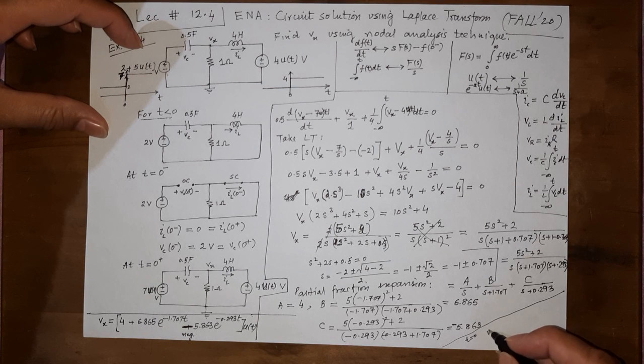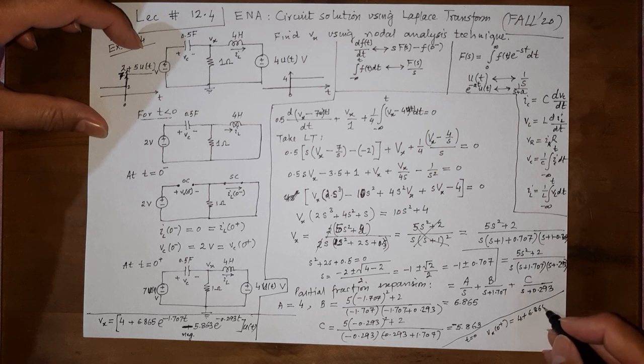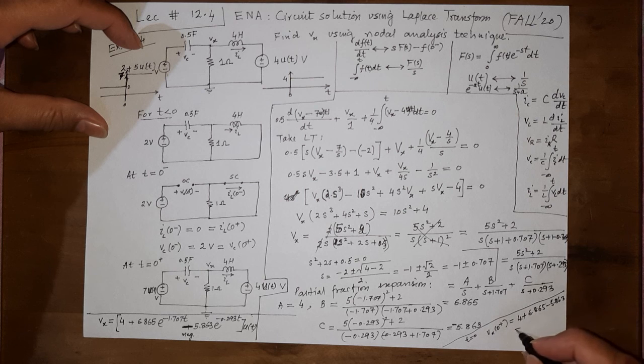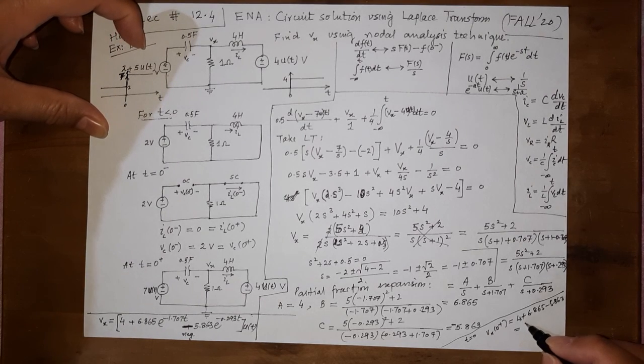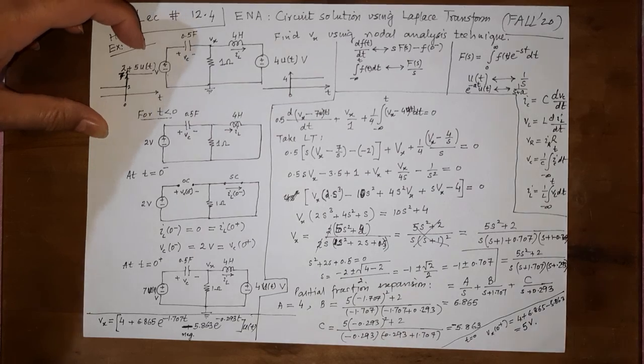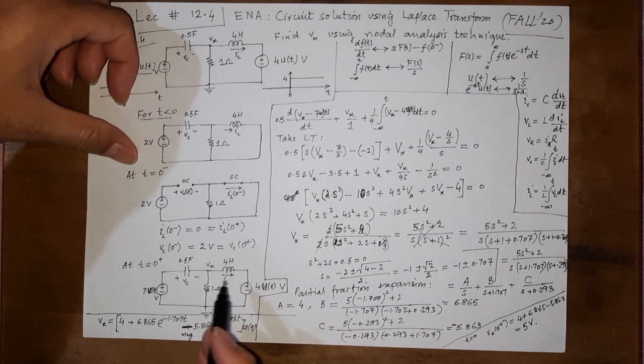So we get Vx at 0 plus would be 4 plus 6.865 minus 5.863, which is 5 volts. Now let us see if this is indeed the case.